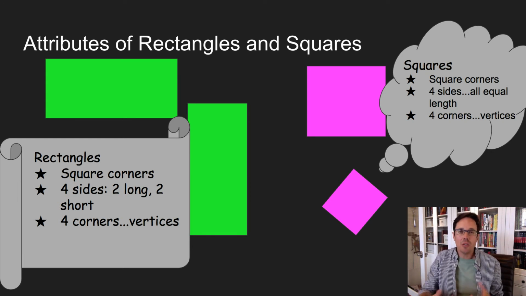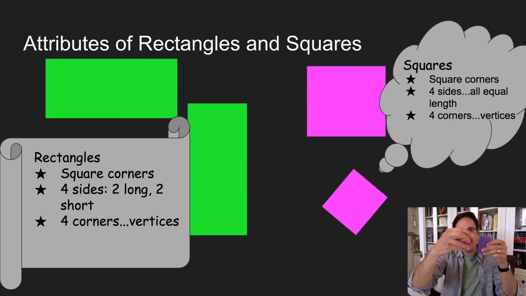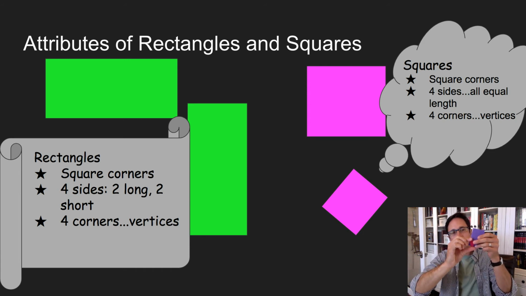So rectangles, they're a lot of fun because what they love and what they have are those square corners. That means that a little square could fit right in there in that corner, and it's not going to get lost. It's not going to be dripping over. Like if I try to put this little arch in there, see how that part drips over?